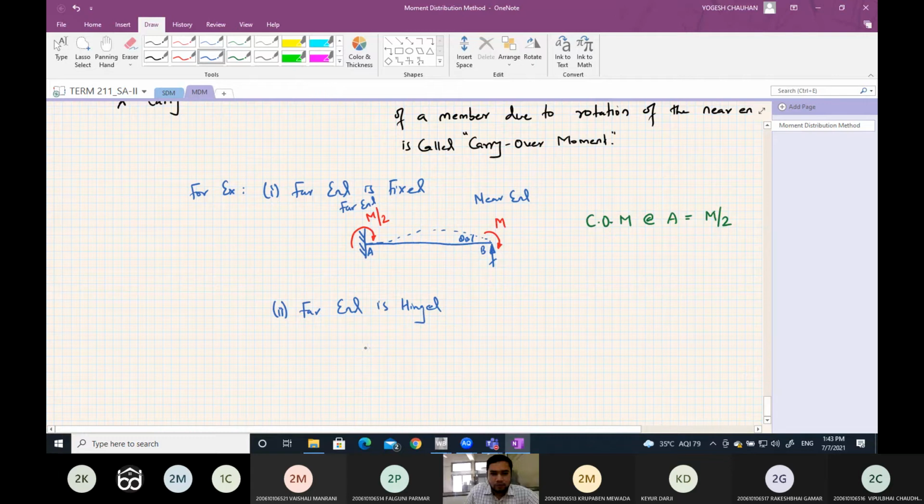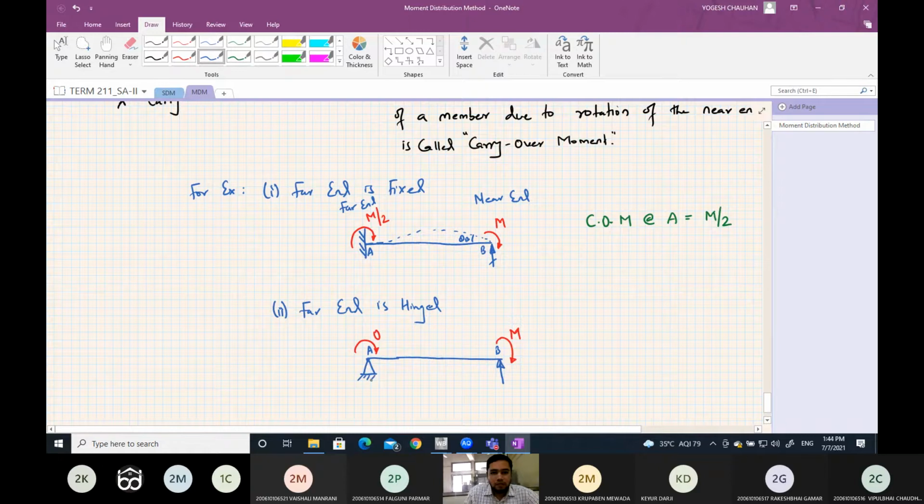So when far end is hinged, let us say this is A, this is B, and let moment M be applied at B. So here in this case, the moment induced at B will be 0 because it is a hinge.